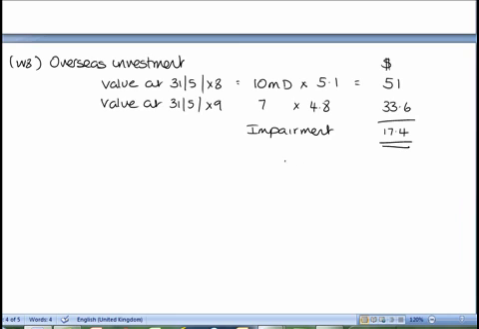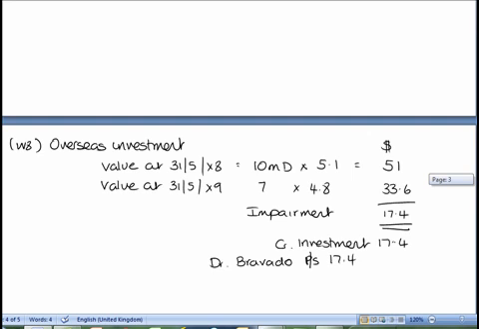How do we deal with that impairment? That's credit investment, debit Bravado income statement. Because it's an impairment, it'll be written off in the income statement, so we're going to put that through group reserves.